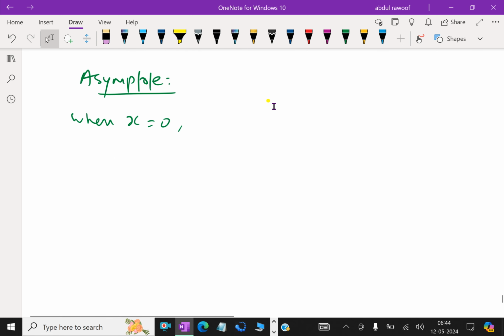Therefore y gives minus infinity, and so therefore x not 0, x equal to 1.